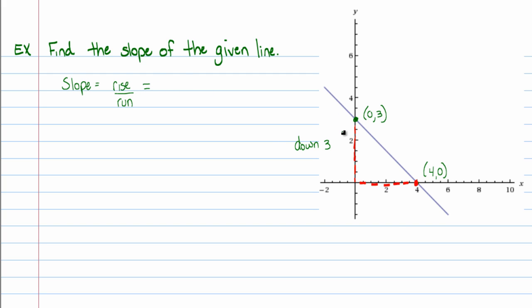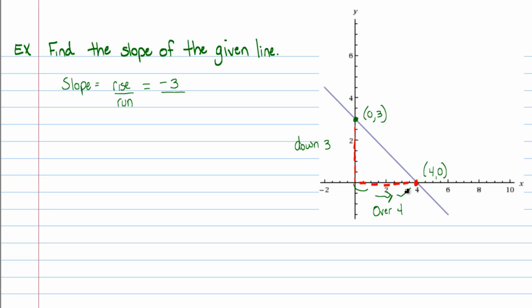Well, our rise was actually negative 3. We went down 3. And then once we went down 3, to get over to this next point, we went a few steps this way, right? Pointing little arrows right there. We went over 4.